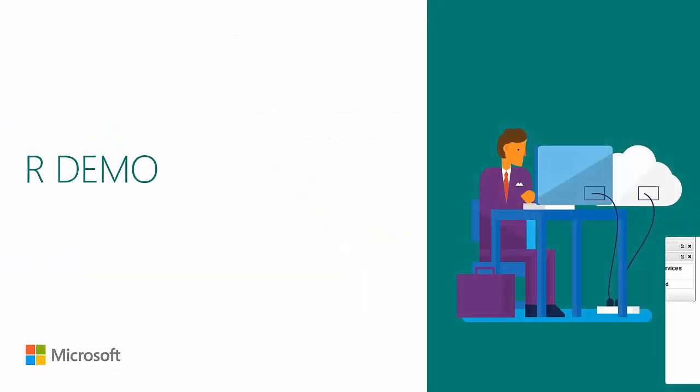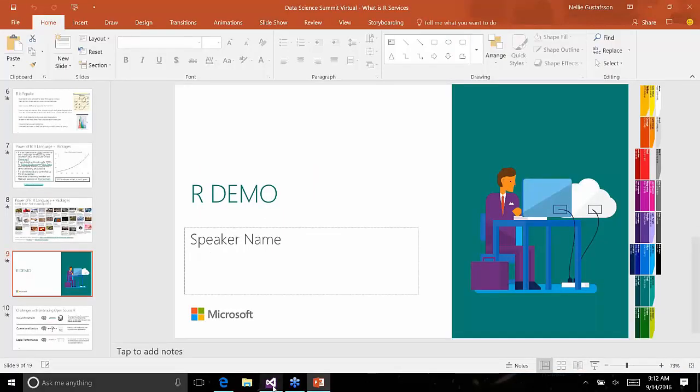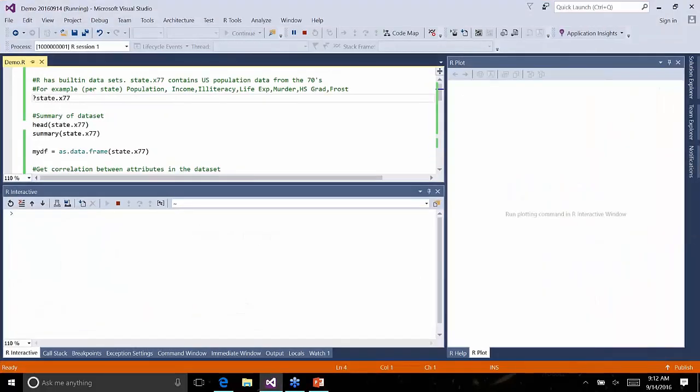Let's take a closer look at R, and I will show you a simple example of an R script, and we'll just walk through this together. You can use different tools to write your R scripts and do your programming.